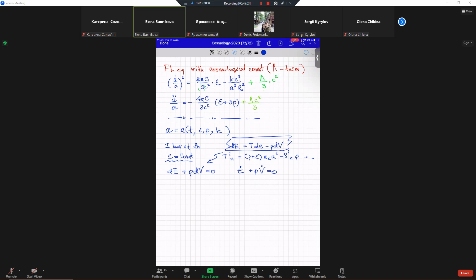Now let's again consider some volume with a fixed radius which corresponds to the present time, t equals t0. T0 as usual, as soon as I put 0 as an index, immediately one understands that I refer it to the present time.